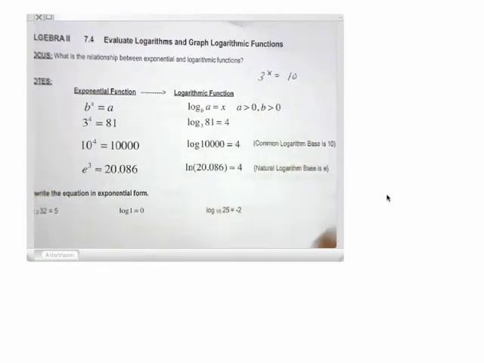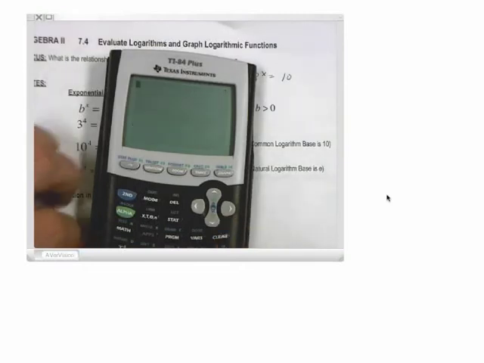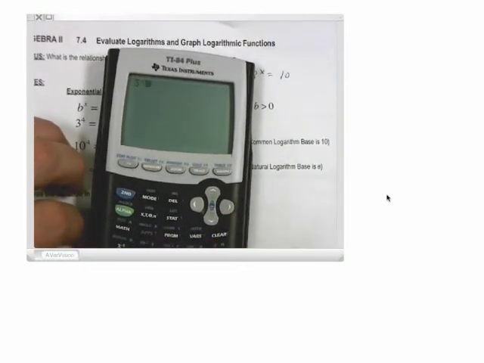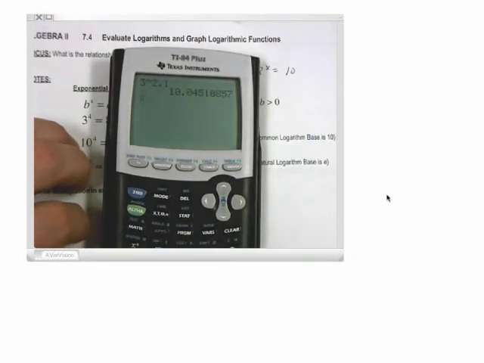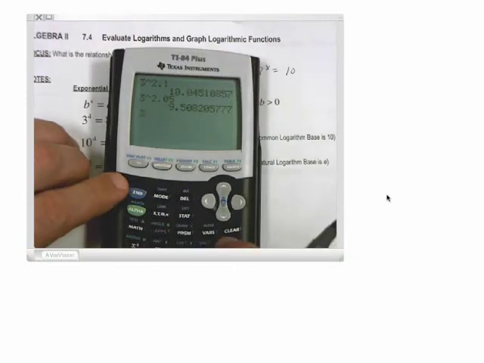Even on my calculator, if I try 3 to the 2.1 power, that's pretty close. That's 10.045. If I go 3 to the power of 2.05, I get 9.50, not quite as close. 3 to the power of 2.09, 9.93.